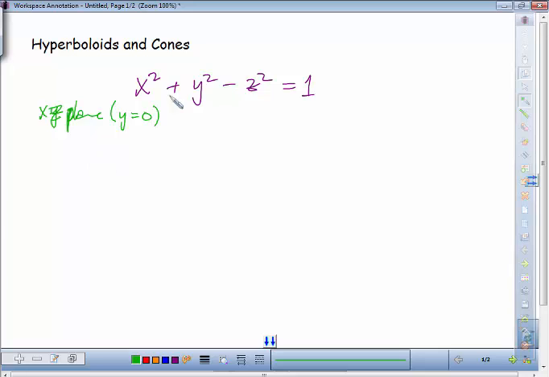Okay, so when y is equal to 0, I have x squared minus z squared equals 1, which is a hyperbola. We went through the conic sections back in Chapter 10 so that we can get familiar with these shapes.